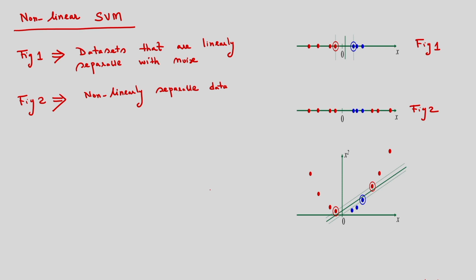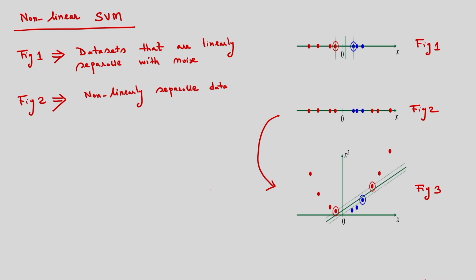So corresponding to this, what is the solution? If you see figure number 3, what we are considering is mapping of data to a high dimensional space. In the low dimensional space, this data is not linearly separable, but after the projection into the high dimensional space, these samples will be linearly separable.